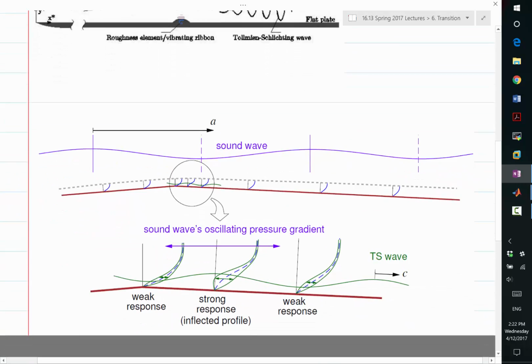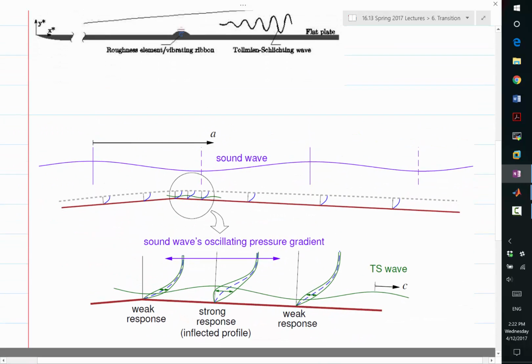Another mechanism is that if the boundary layer doesn't have this roughness, but creates an external pressure variation that causes my H, the shape factor of the boundary layer, to vary within a certain spatial length scale, then it can also be a way for the sound waves to translate into TS waves, because different shapes of boundary layer respond to pressure gradient from the sound waves differently.